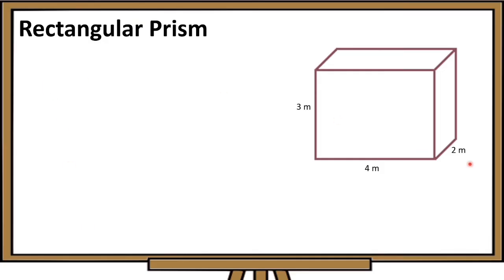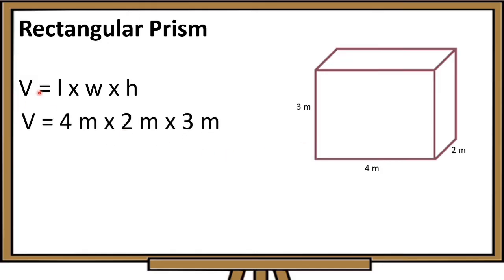To solve for the volume of a rectangular prism, we can use this formula. Length, this is the length, times width, times height. We have our length 4 meters, times our width 2 meters, times our height 3 meters.